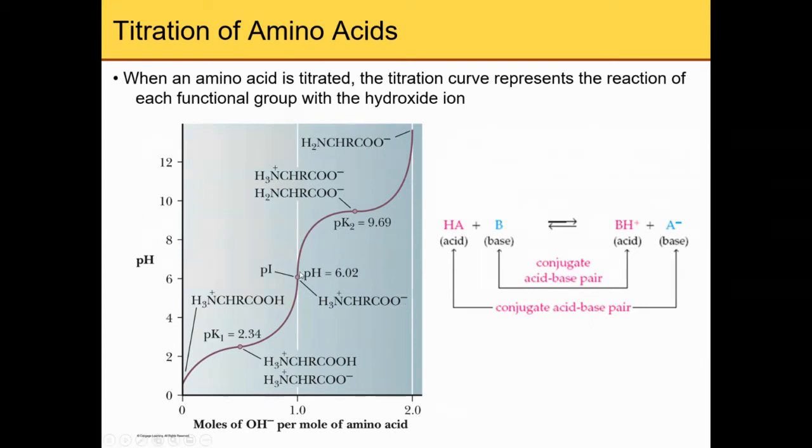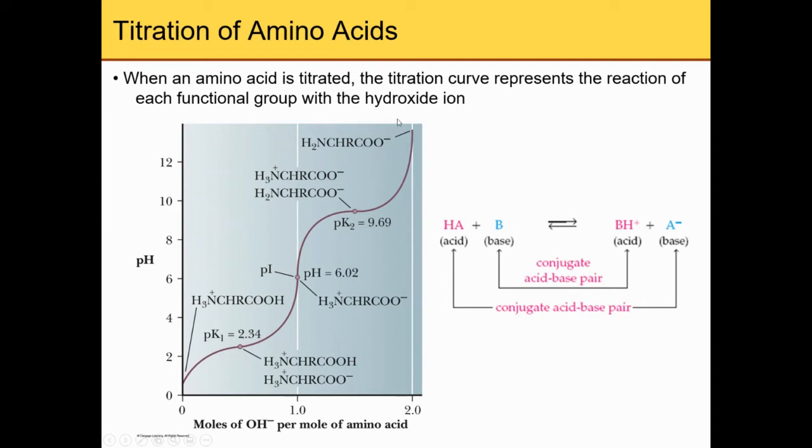And then when you increase the pH, you lose a proton. From zero here, it becomes a negative charge. In the middle, that's pK2, where you have a 1-to-1 ratio of these two forms.